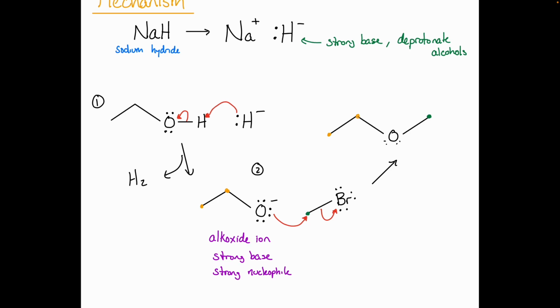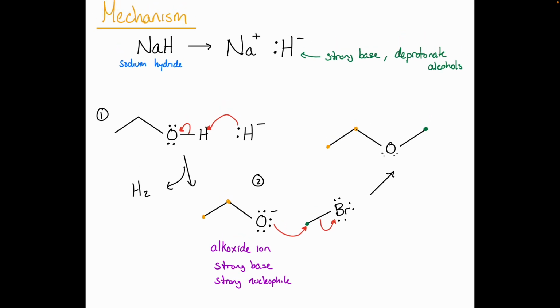Cool. Okay, so again, what we're going to see in our mechanism is we're introduced to this new reagent, sodium hydride. Really, the sodium is never doing anything. The sodium's just a counter ion. It's that hydride that's going to be playing the role of a strong base. In particular, this thing is famous in organic chemistry for deprotonating alcohols, creating these alkoxide ions. That's what we do in the first step.